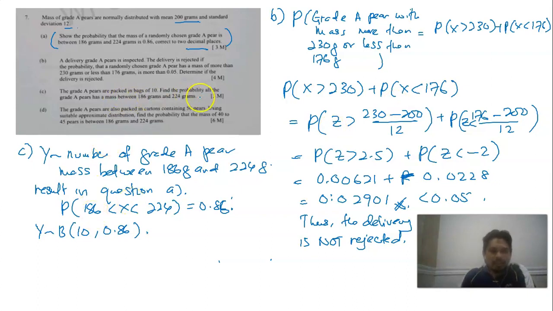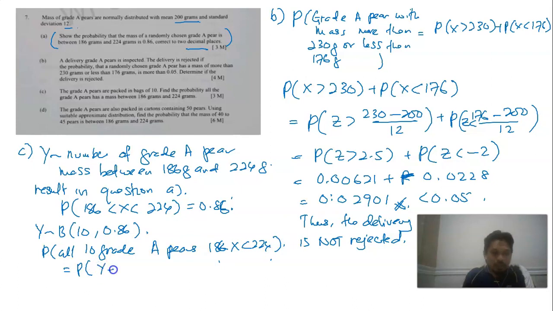So find the probability that all 10 grade A pears have a mass between 186 and 224, which is the probability of Y equal to 10.